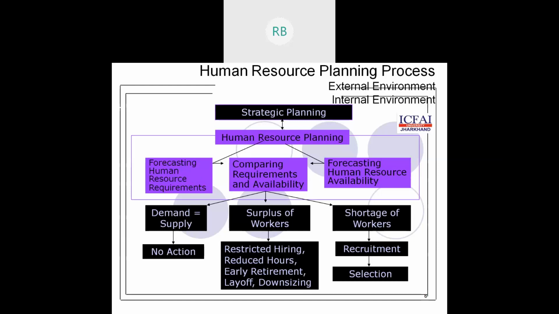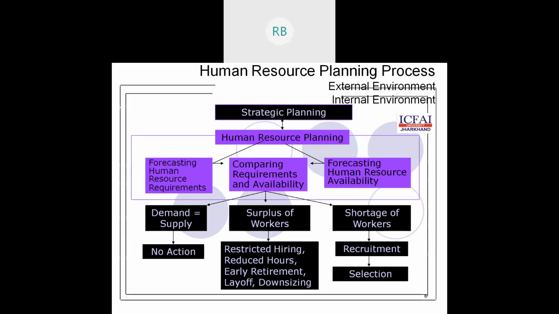A manager can forecast, as I said, that here this many people may be needed, here this one may leave. Then comparing requirement and availability. Forecasting human resource availability: from where to bring.